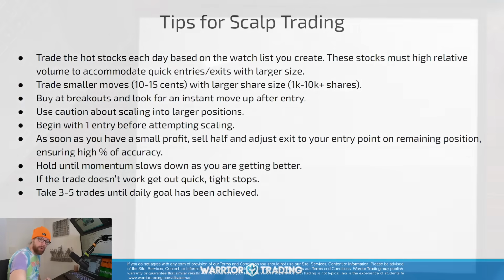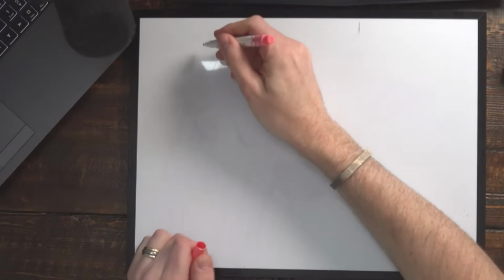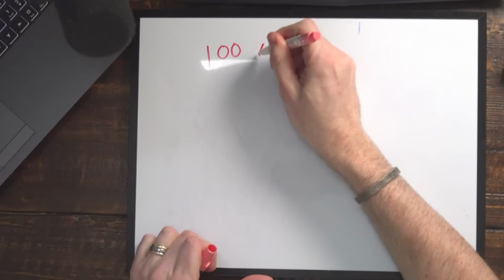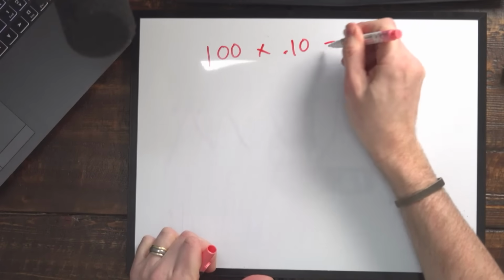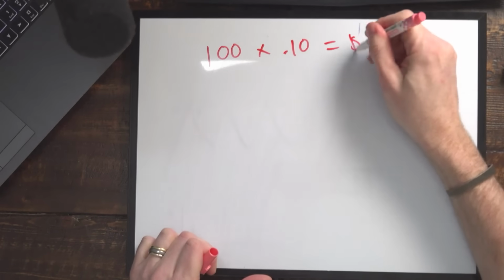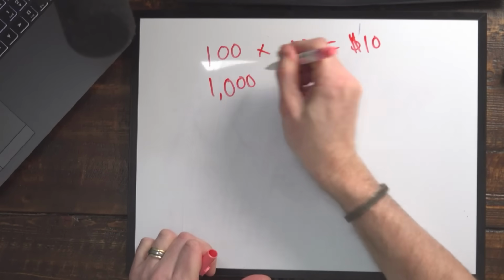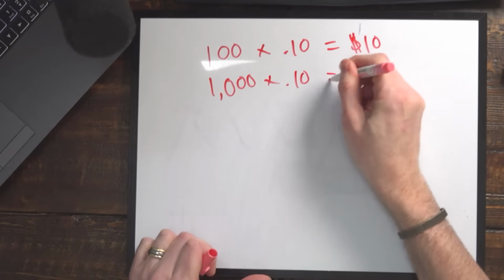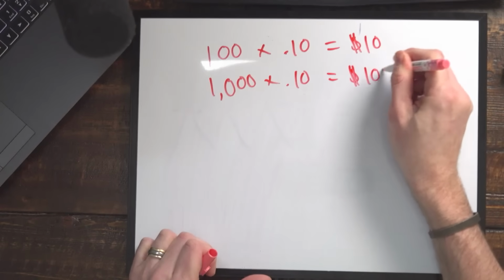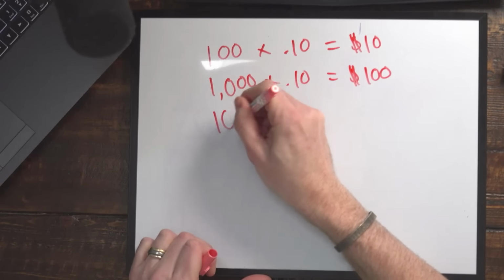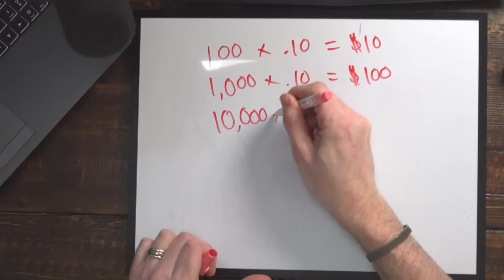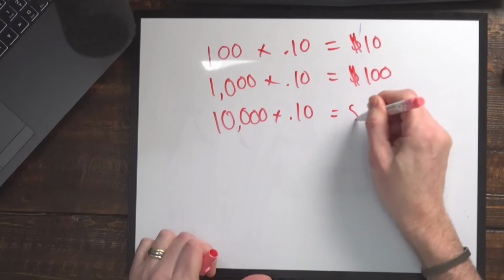If you go long with 100 shares times 10 cents, how much does that equal? You're up 10 bucks, $10. But then you do that same trade with 1,000 shares times 10 cents, and you're up 100 bucks. You take that same trade with 10,000 shares, and now 10 cents equals 1,000 bucks.